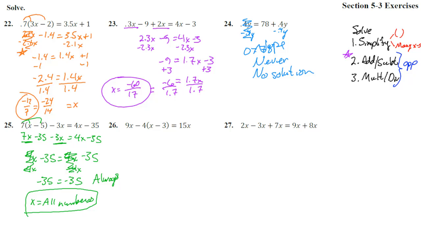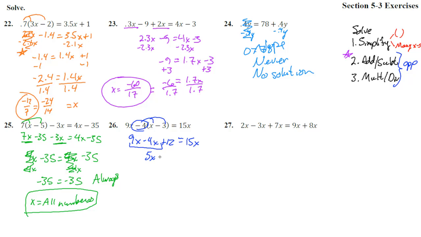All right, next one. Number 26. So, do we have parentheses? Yes. Jump that in. We get 9x minus 4x plus 12. Make sure that negative 4 jumps in. Equals a 15x. 9x minus 4x is 5x. We can just combine that like normal terms. Notice we don't add 4x right there to both sides.